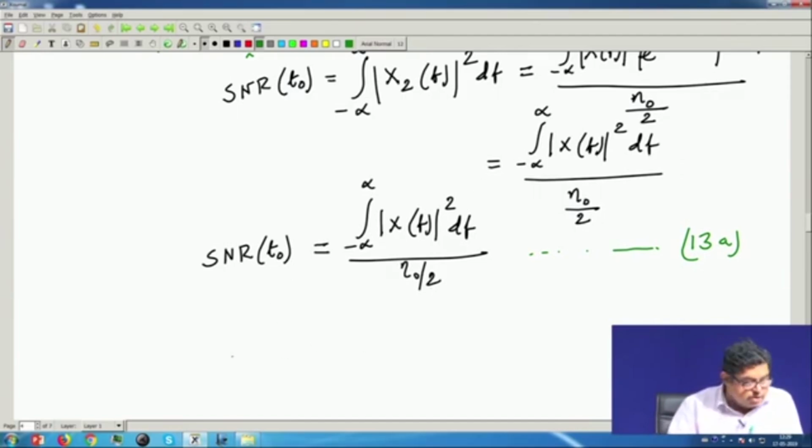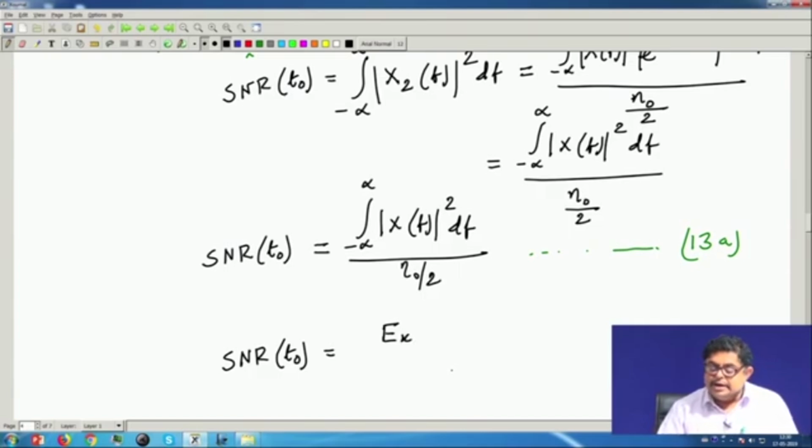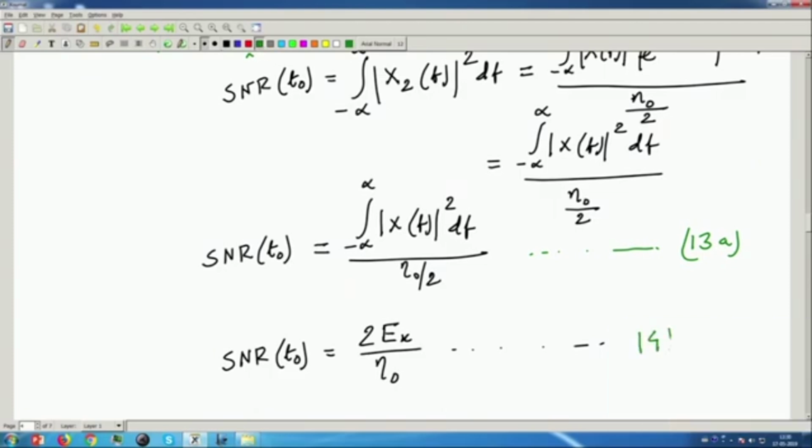So, I can also write that SNR at T 0, if I call E x the signal energy, is 2 E x by eta naught. So, this is again another very useful result. Let me call it equation 14.